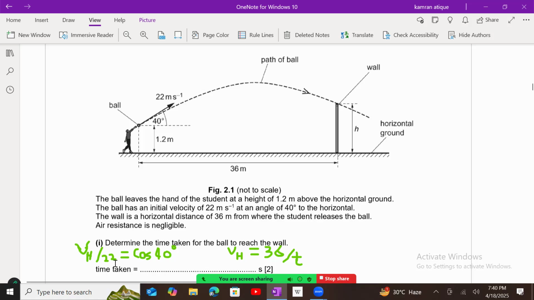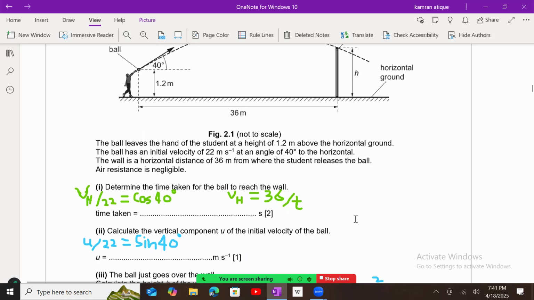So I have applied that formula: speed equals distance over time.